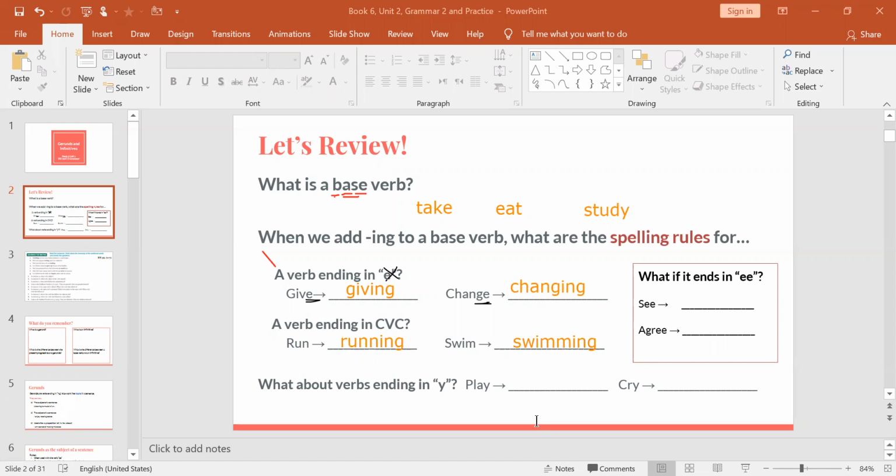So what happened? Yes, the consonant doubles when the verb fits this mold at the end. When you have consonant, vowel, consonant, the last consonant doubles.